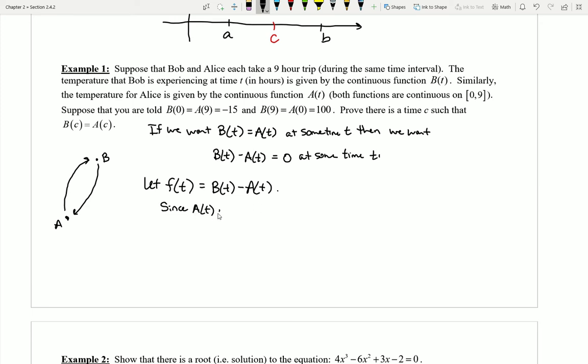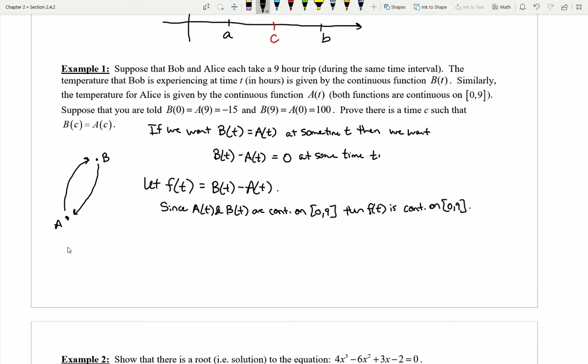So I'll say since a of t and b of t are continuous on the interval 0 to 9, then f of t is continuous on the interval from 0 to 9. It's got to be. That's one of the ideas we talked about in the last section.